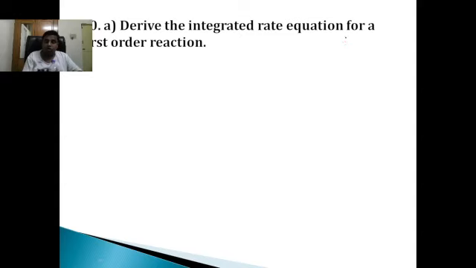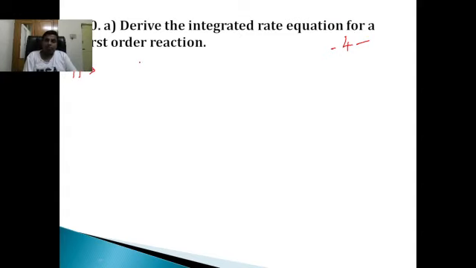In this model question paper, it has been asked for 4 marks. Derive the integrated rate equation for first order reaction.